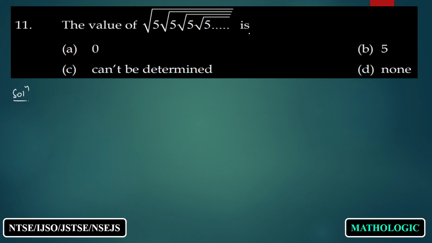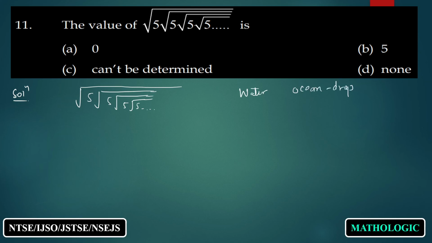The value of this expression, which is never ending, going up to infinity, is square root of 5 times square root of 5 times square root of 5 again, and this is continuing in this manner. The process that I use to solve this problem, I just name the ocean drop problem.